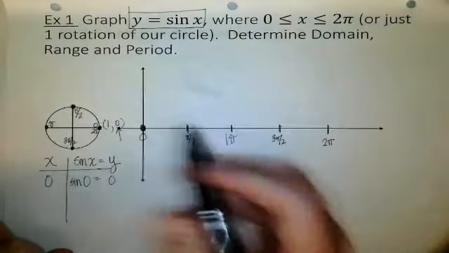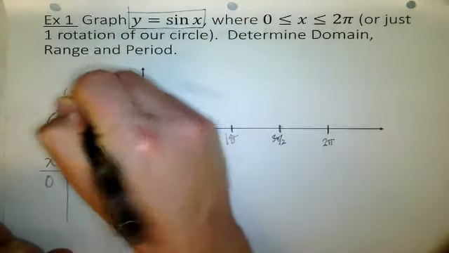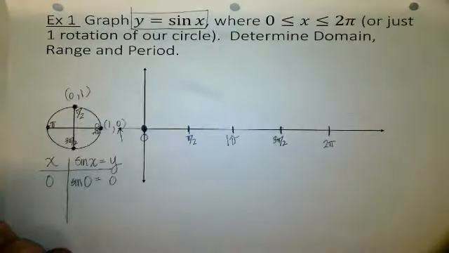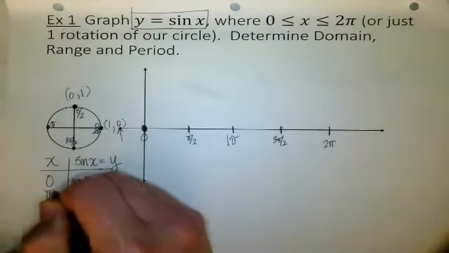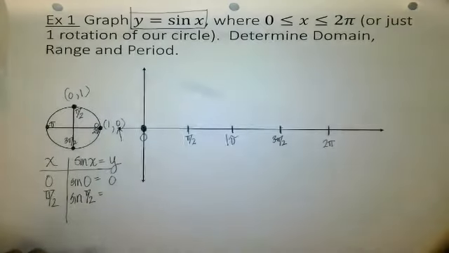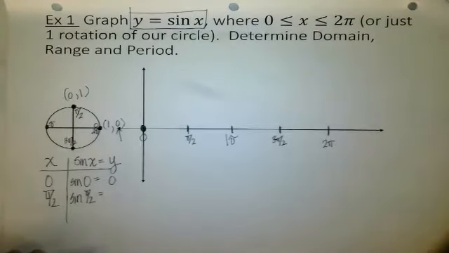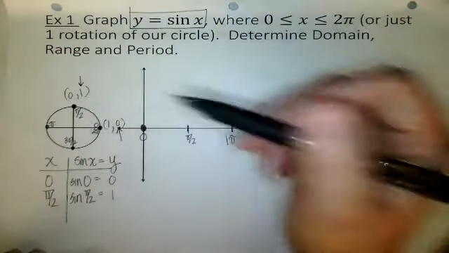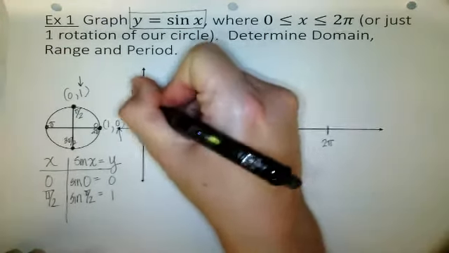So now we go to pi over 2. Pi over 2 is what ordered pair? 0, 1, sure. So at pi over 2, what is the sine of our angle pi over 2? 1. Right there. There's our sine value at 1. So I want to go up to 1 here.